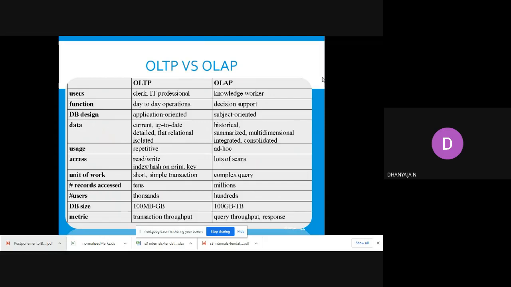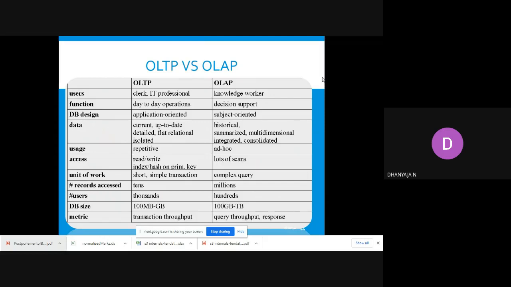Here this OLTP is used by, next is about the functions. Here in OLTP this, and next is about database design. Here this database design in OLTP is application oriented, but in the case of OLAP it is subject oriented.